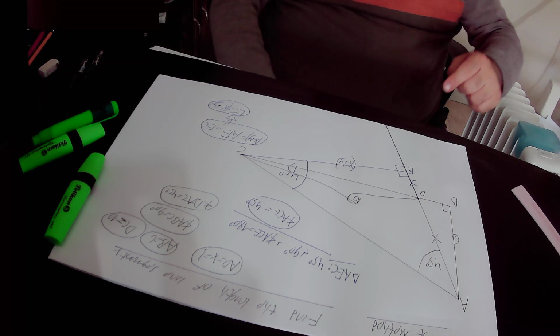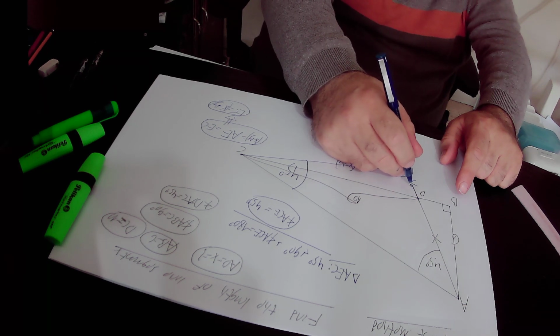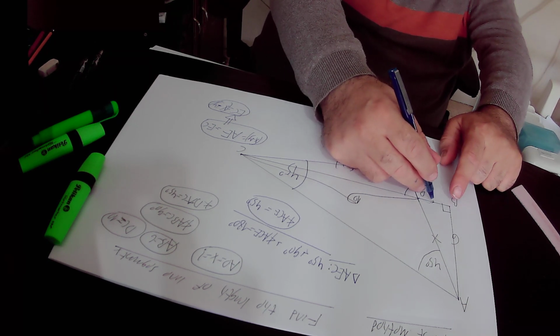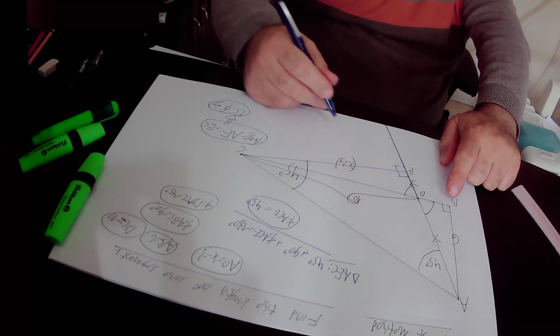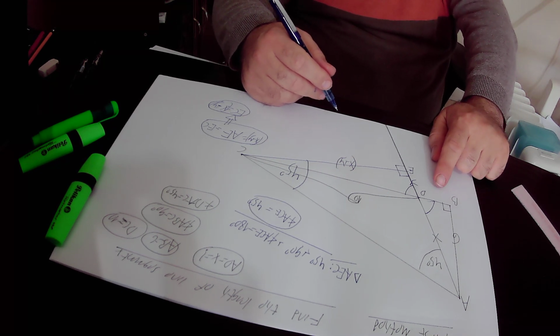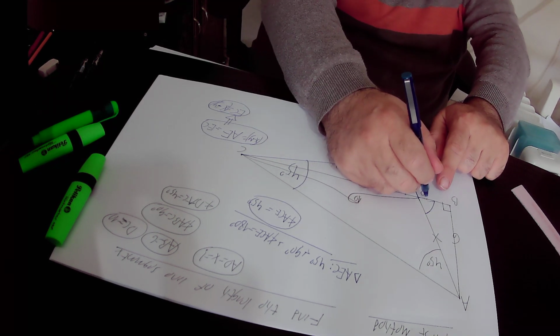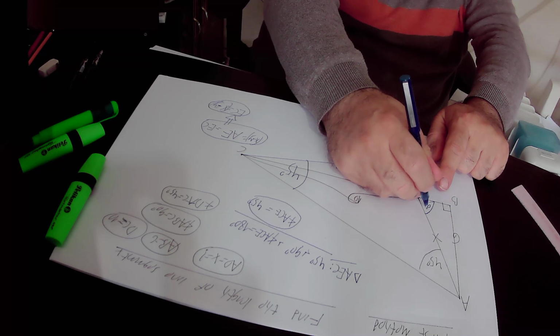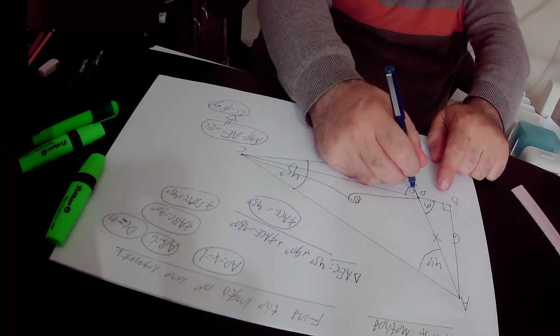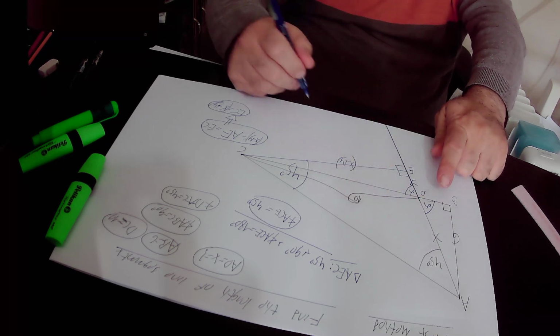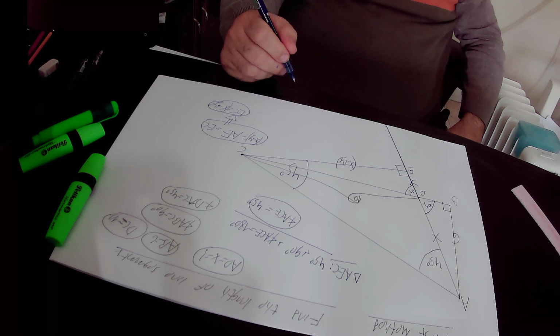Actually, those two angles are vertical angles, and we know that vertical angles are equal to each other. So if this angle equals alpha, this angle must also equal alpha.